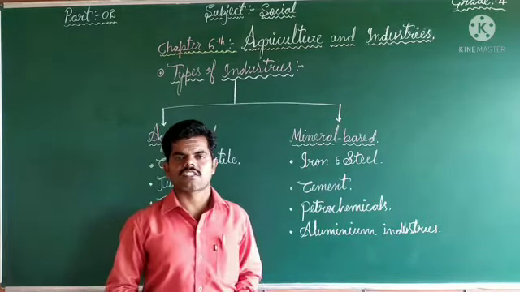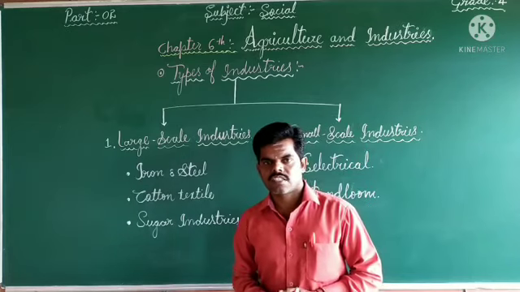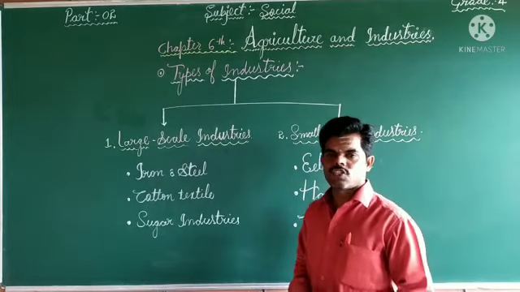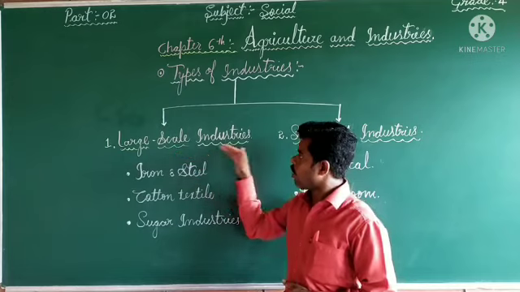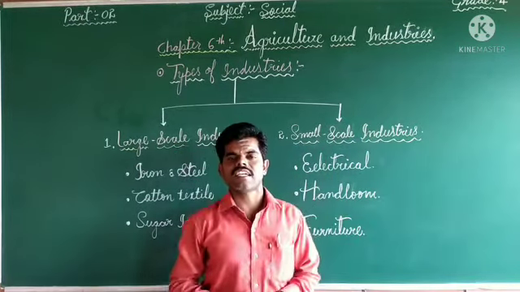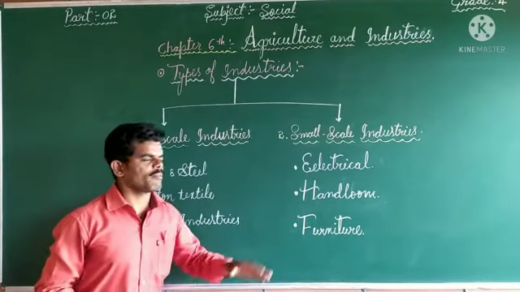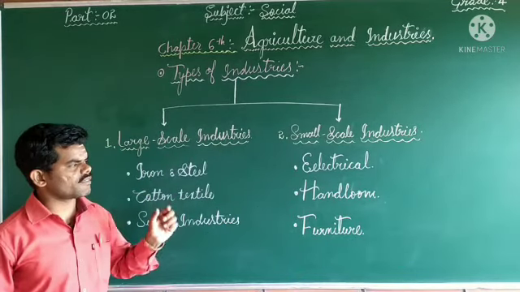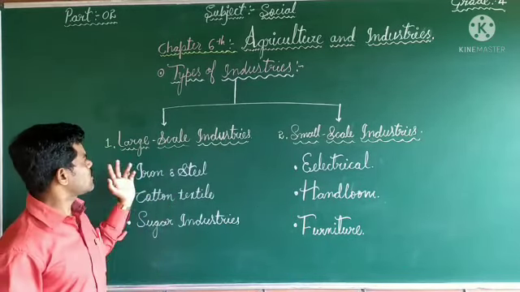On the basis of size, industries in our India are classified into 2 types. Let's see which are those. The first one is large scale industries. The second one is small scale industries.